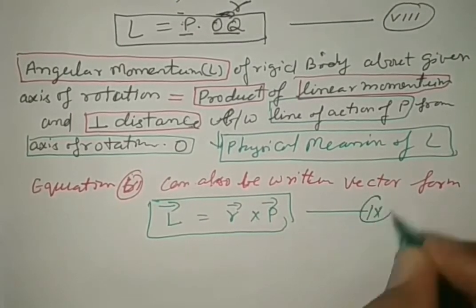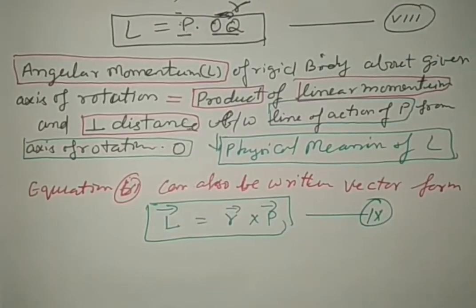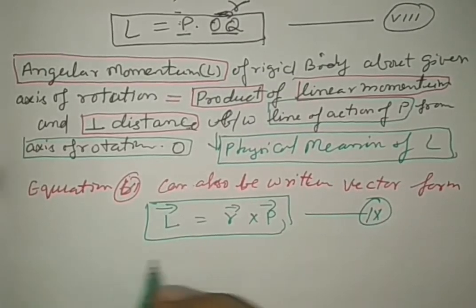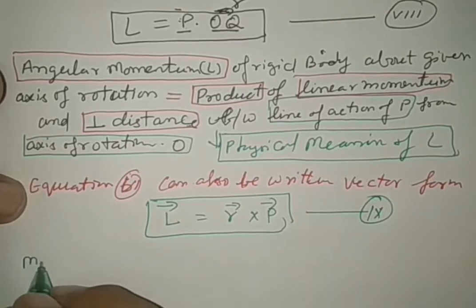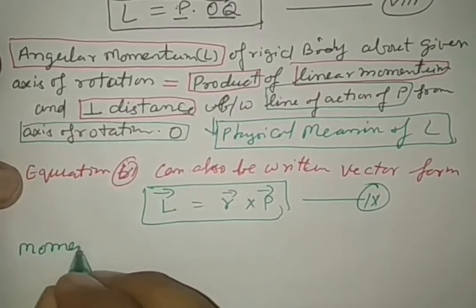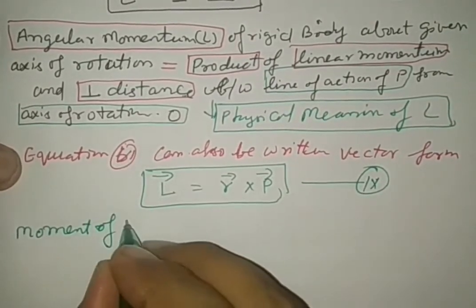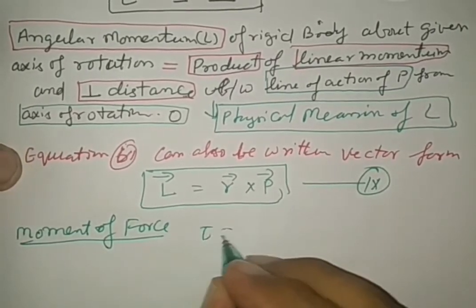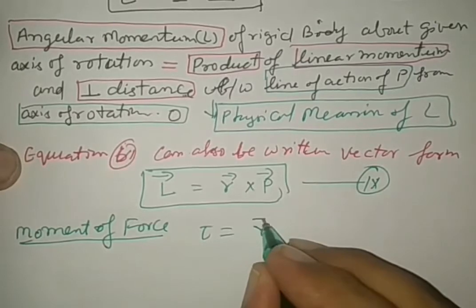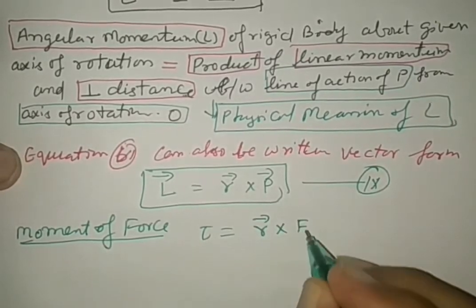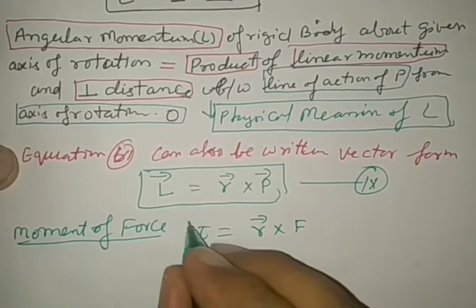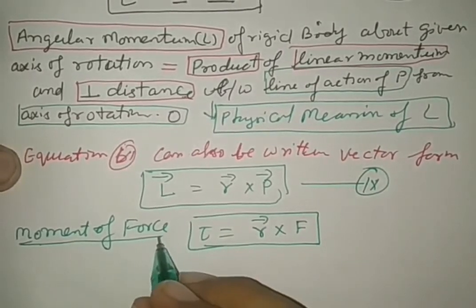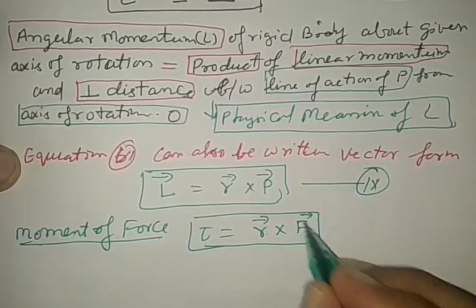Equation 9. See one more concept. See very carefully. We are going to calculate one more, moment of force. Moment of force, torque is equal to cross product of R and F. Now R cross F is called moment of force.